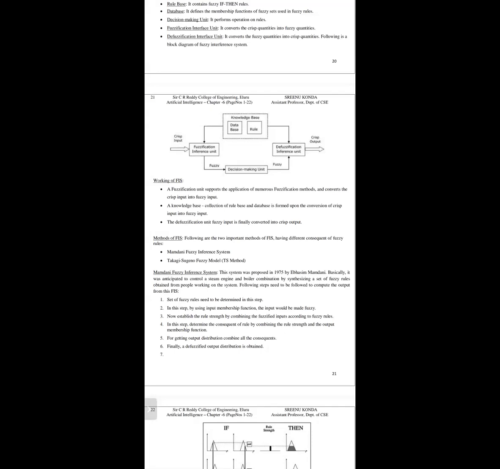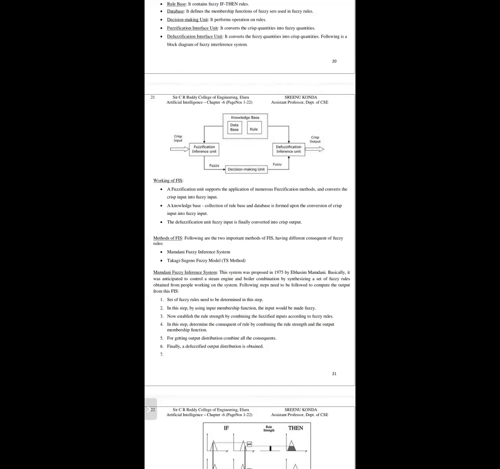That means, in order to control a particular steam engine and boiler combination, which we can see in industries, they are going to apply some set of fuzzy rules. So no person is involved there. Only the system is going to do everything.